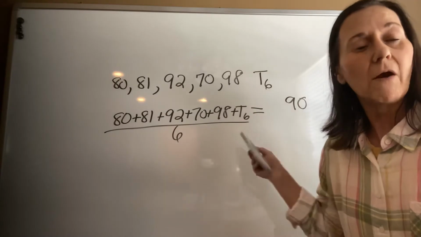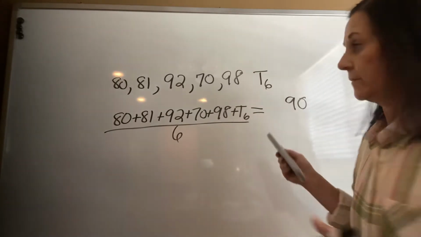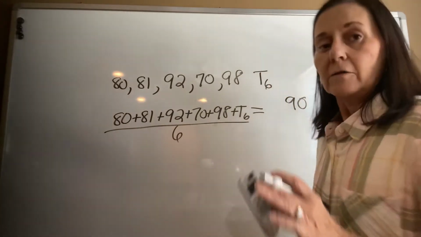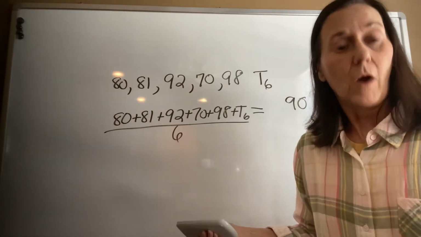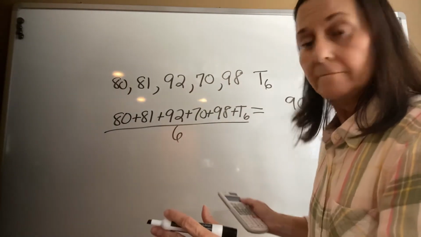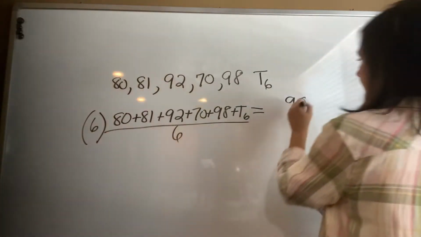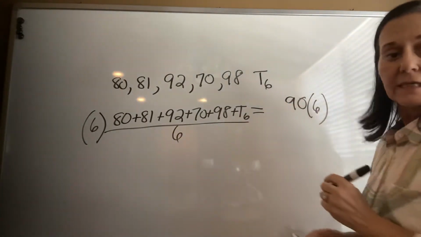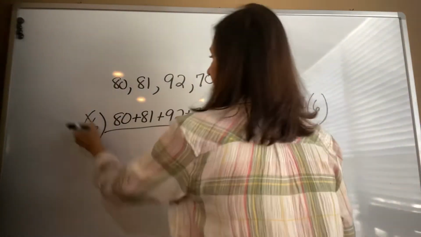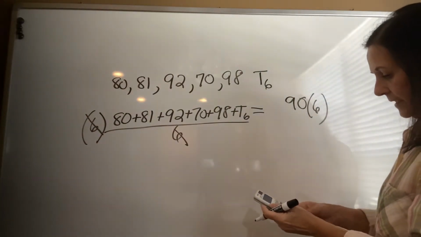Okay? This is how I see this problem presented on the ACT typically. All right? All right, so follow along. You've got to figure out what he needs to make on the next test. I'm going to use algebra. I'm going to eliminate the denominator by multiplying every term by 6. On the left-hand side, that eliminates. 6 times 90 is 540.